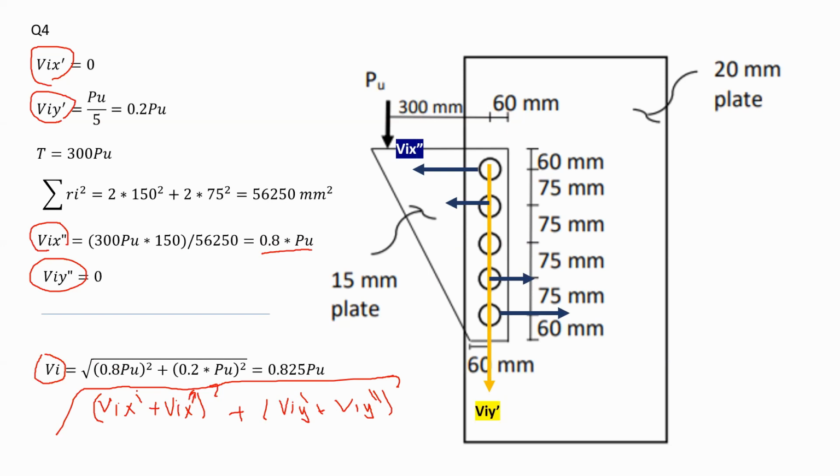Now, as you can see here, V_ix' is equal to 0. V_ix'' is equal to 0.8 P_u, as shown in here.